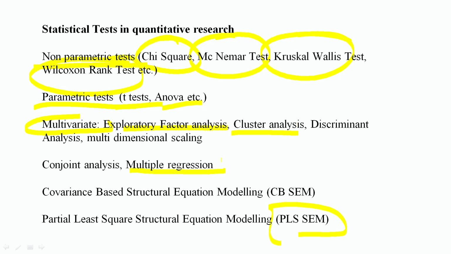We have a few more advanced statistical tools, such as conjoint analysis, multiple regression, and covariance-based structural equation modeling. These levels are far advanced, and as far as a graduate student is concerned, this may not be easy at this point of time, but I recommend this for PhD scholars.